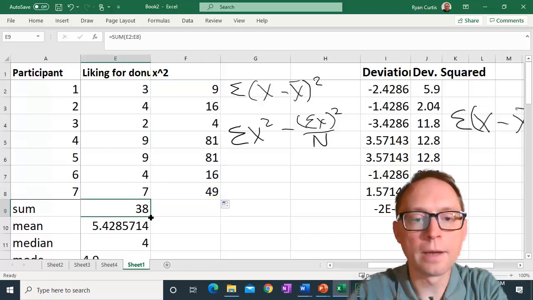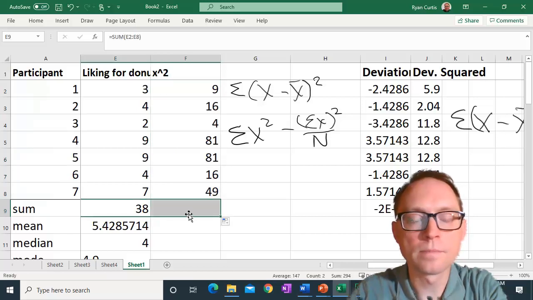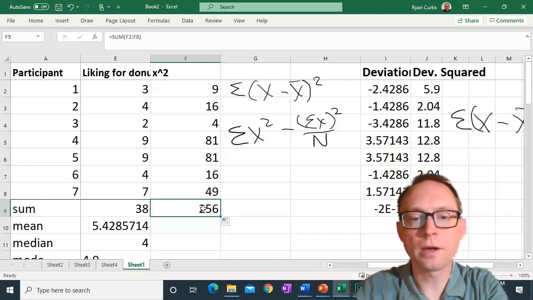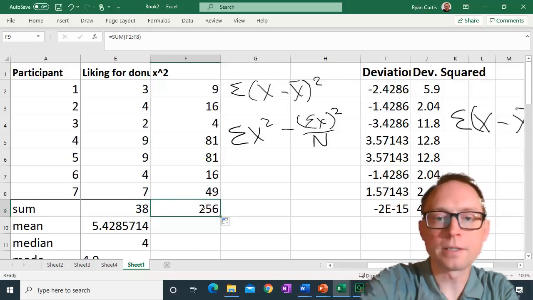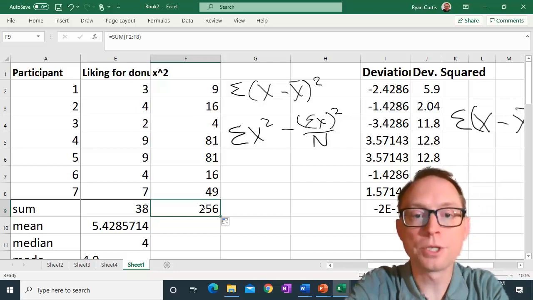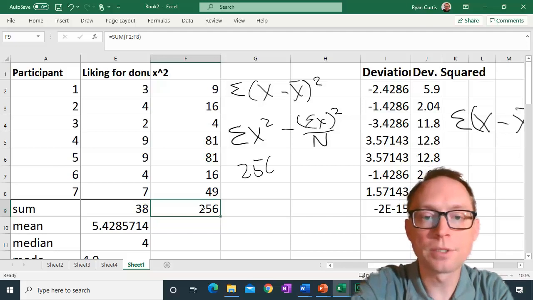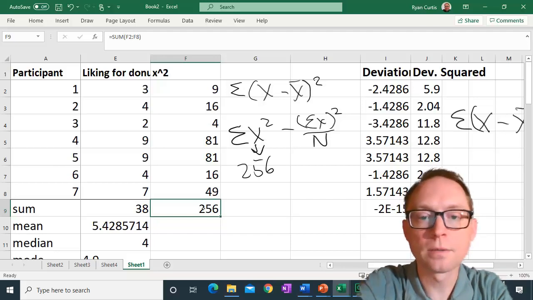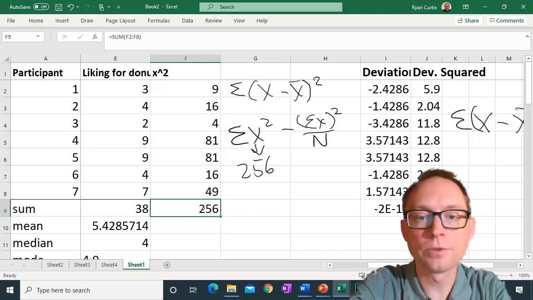And we're going to get the sum. 256, this right here, that is the sum of x squared. Remember, PEMDAS, so when you see the sum of x squared, you got to square the x first and then sum it up. So this is 256, okay? This right here is 256.